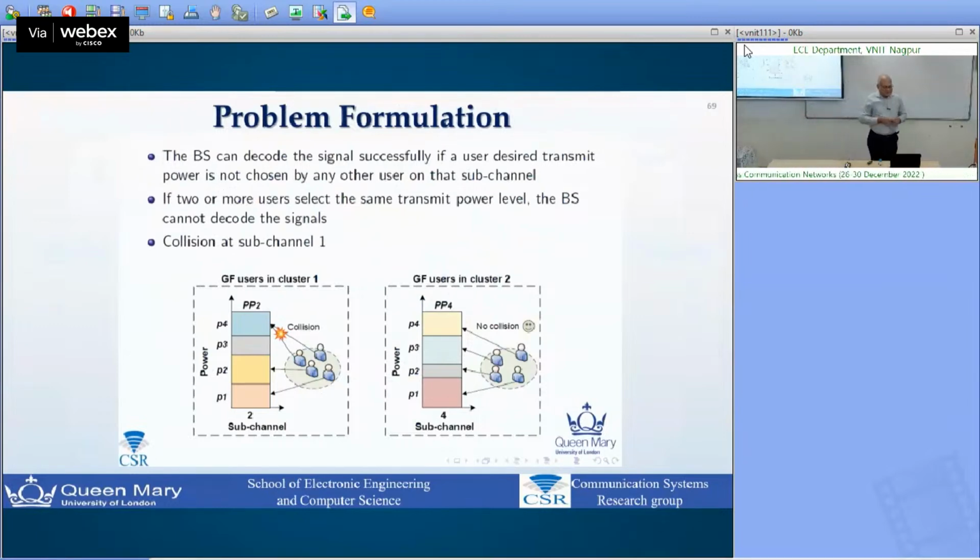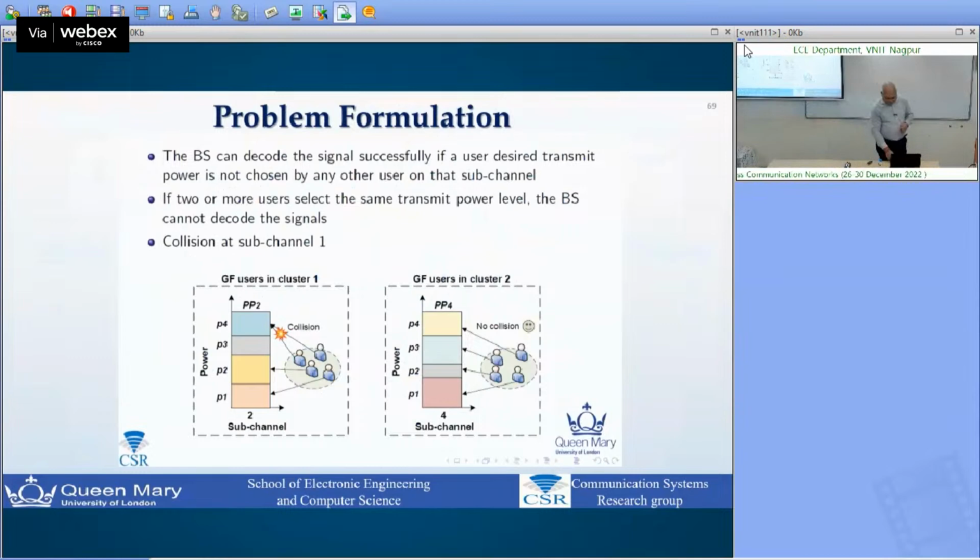If a collision occurs, how are we going to handle it? Distance from the base station will also matter. Yeah, distance also matters. Here we have the same cluster, one sub-channel for the same cluster, so the devices are almost in close proximity.